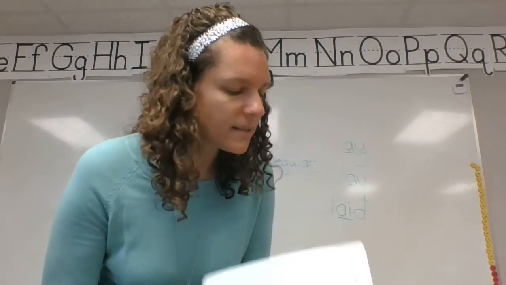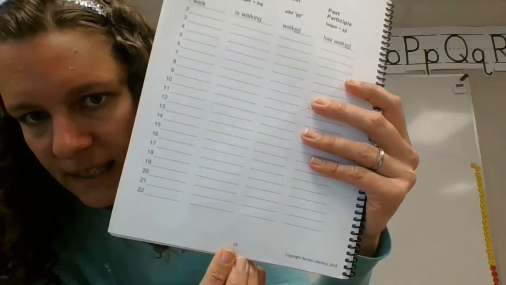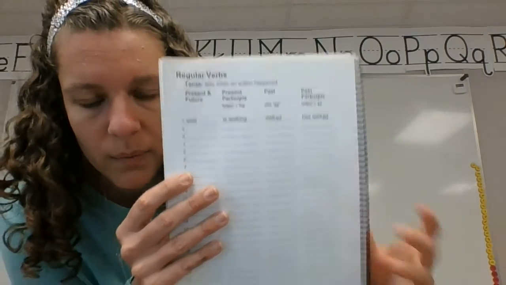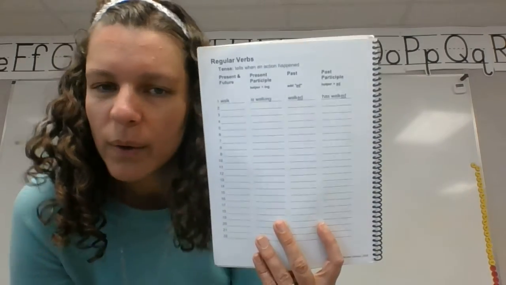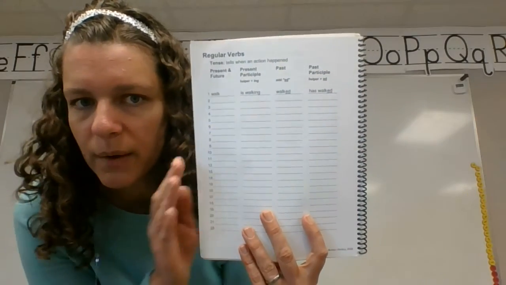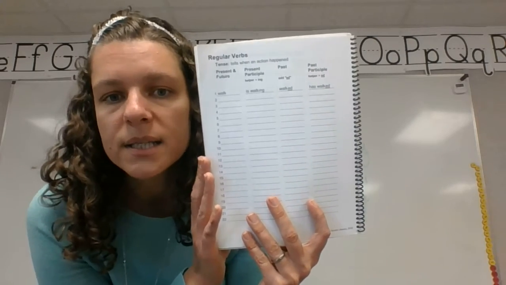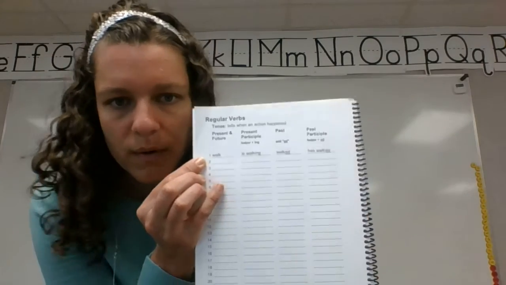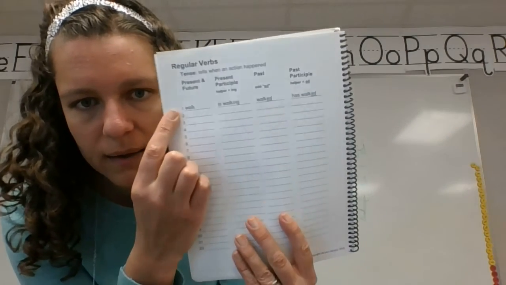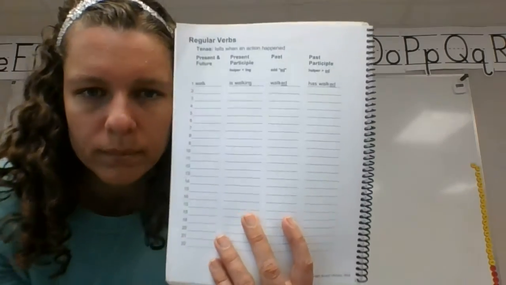All right, and let's go ahead and write a regular verb on, this is page 18. We want to write a regular verb and then put it in the past tense. What do we do to put a regular verb in past tense? Right, we do our ed past tense ending. So we reviewed the word wash the other day. Which sh do we use in wash? Right, we use sh.